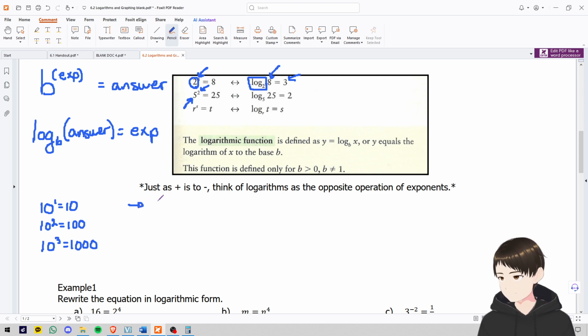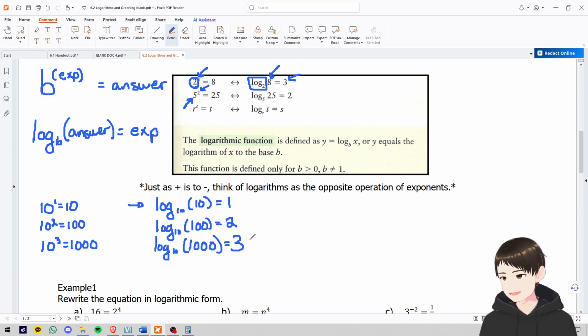Let's convert. Log of base 10, where the answer is 10, the exponent must have been 1. Log of base 10, if the answer was 100, the exponent must have been 2. And the log of base 10, if x was 1000, the exponent must have been 3.